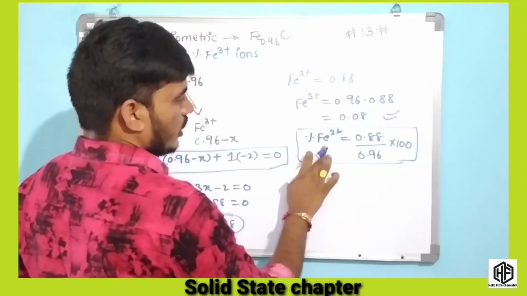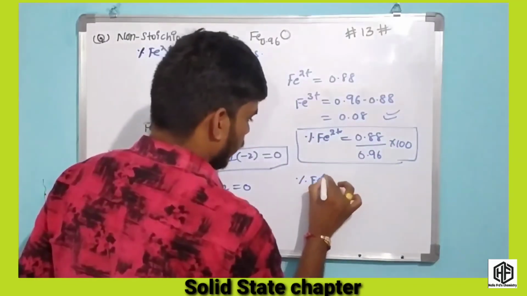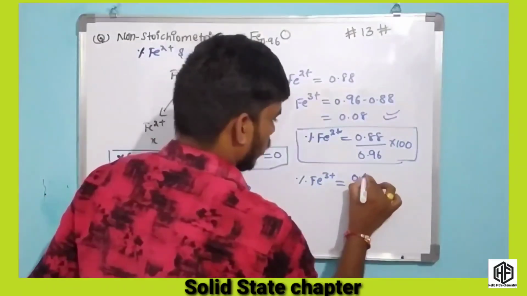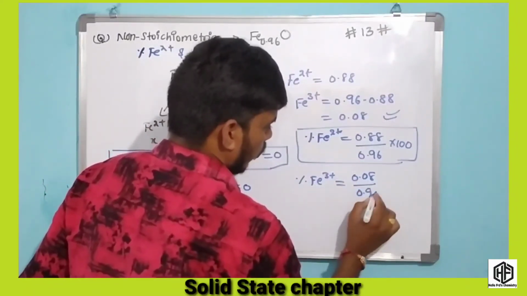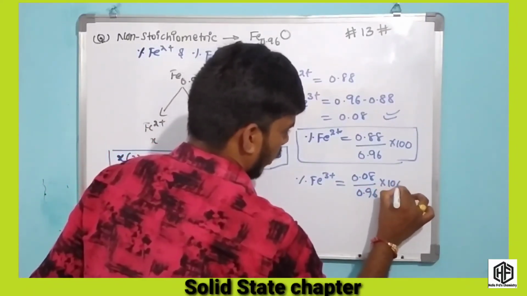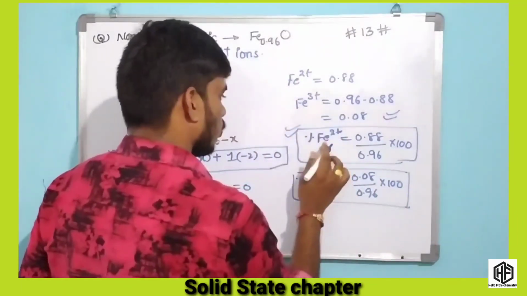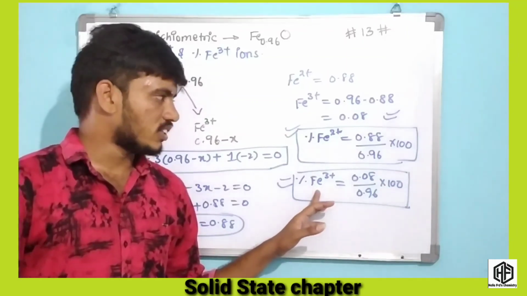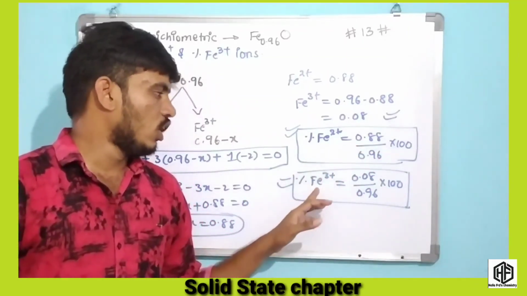This is the percentage of Fe2+ and this is the percentage of Fe3+. Now we have to use the calculator to find these two values.